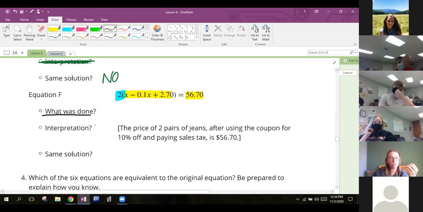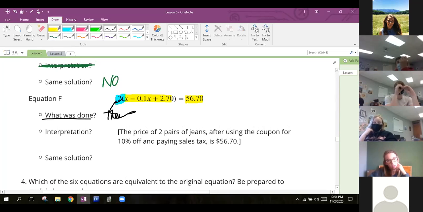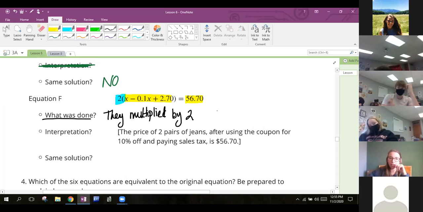Okay, so we have to distribute a 2. They multiplied by 2. Did they do it on both sides or just one side? One.